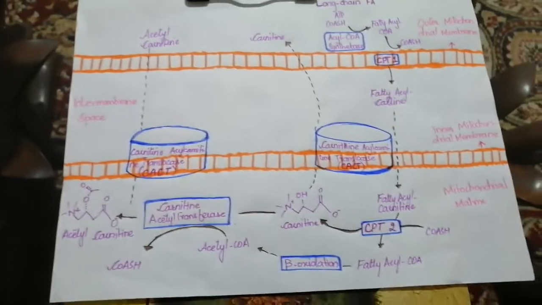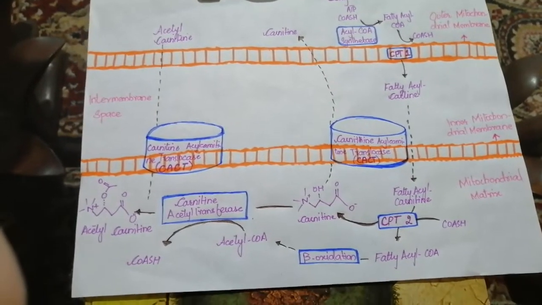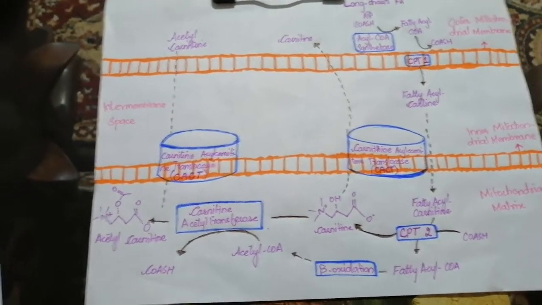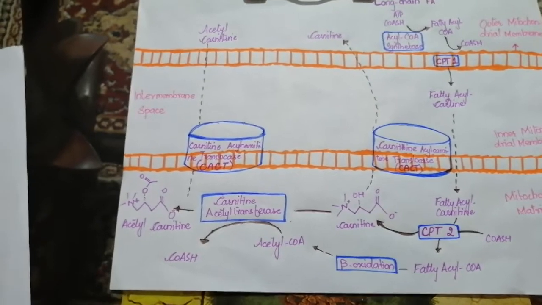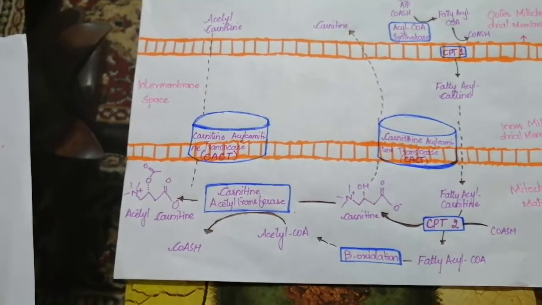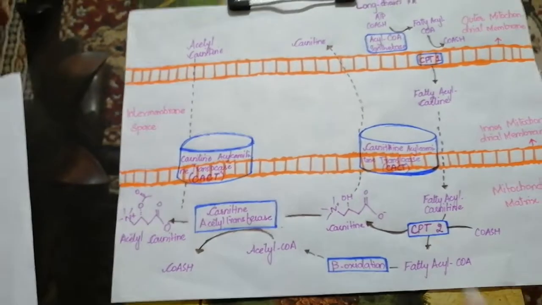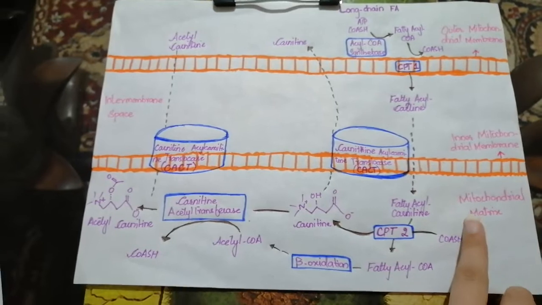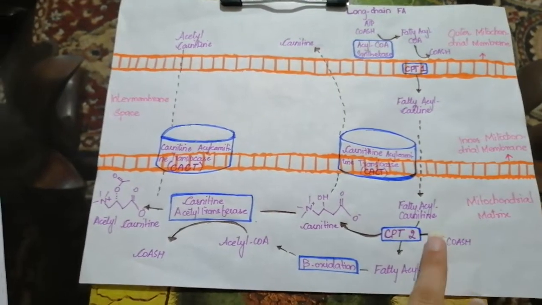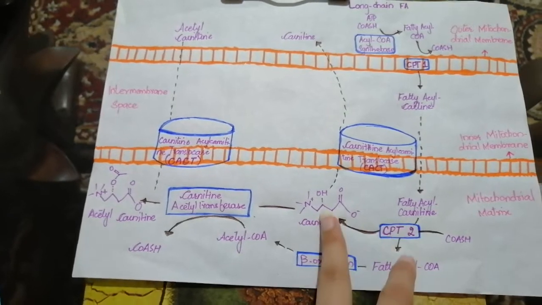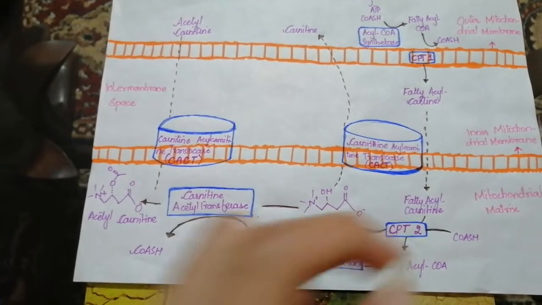In the mitochondrial matrix the CPT2 is present, which takes the CoA and adds it to the fatty acid chain and makes a loose carnitine. You can see here the CPT2 enzyme is present in the mitochondrial matrix. It takes the CoA and produces fatty acyl CoA and a loose carnitine.